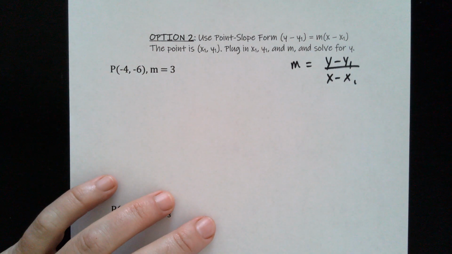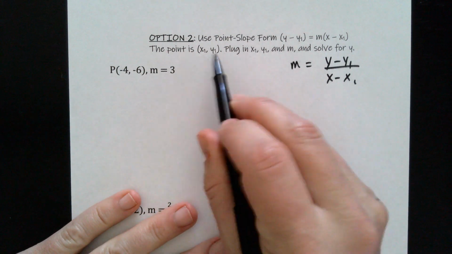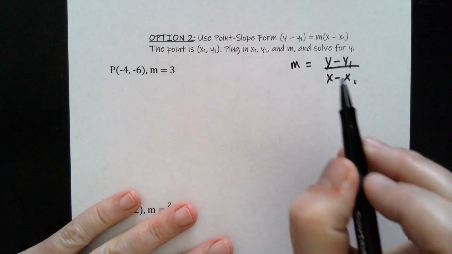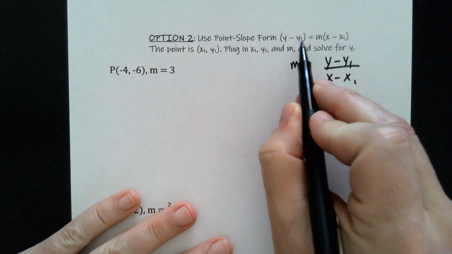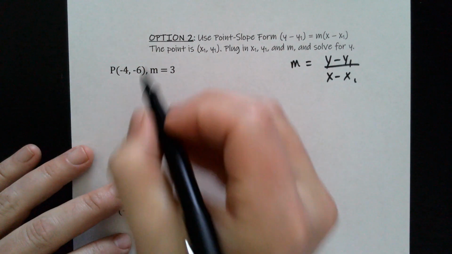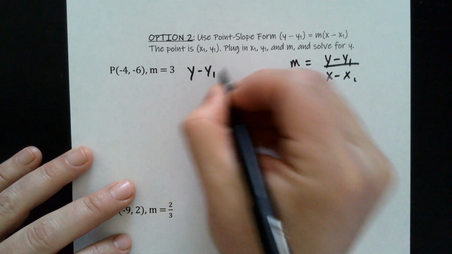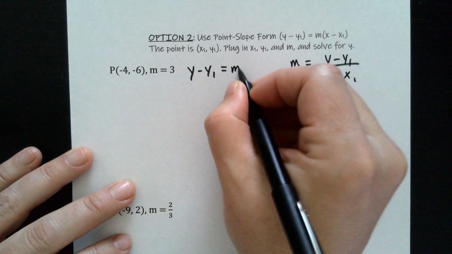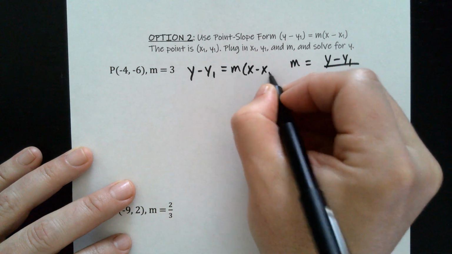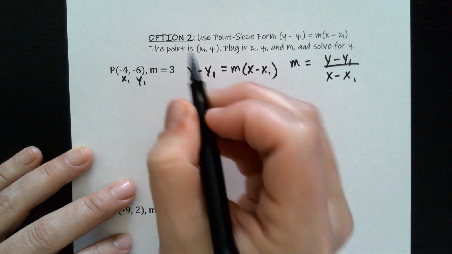Now what we're going to do is plug in our x1 and our y1 in place of x1 and y1, and then we're going to solve for y. We're also going to plug in the slope. So let's do that. y minus y1 is equal to m times x minus x1. This is going to be x1 and this is going to be y1.